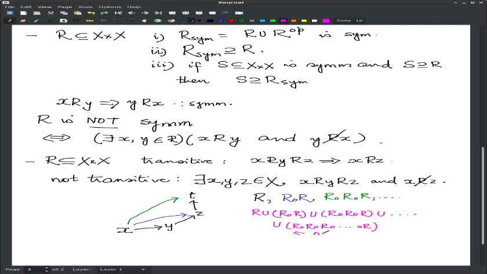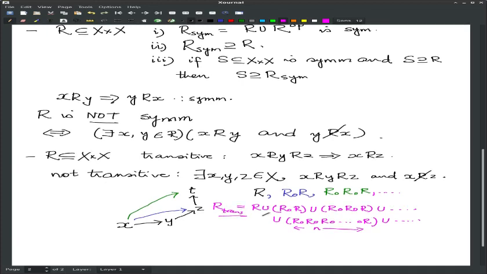These are of length n, and so on. And this was what I wrote as R star or something like that, I don't remember. This is called the transitive closure. That's why I write it like this, I have already said R trans, right?